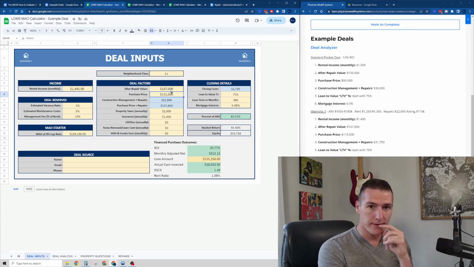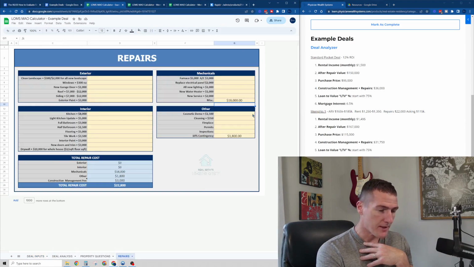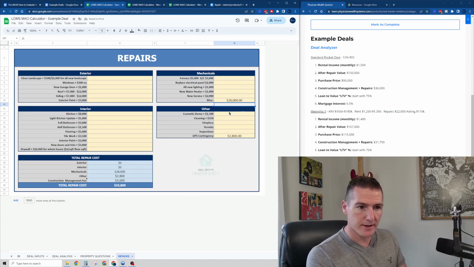It appraised at 167. 115, boom, boom. And then construction was up at 31,750. And on this one, we actually went for more repairs because we had a larger ARV, so we could get nicer finishes in there. So we could put a little more in the budget.